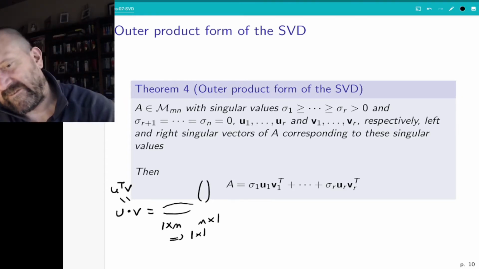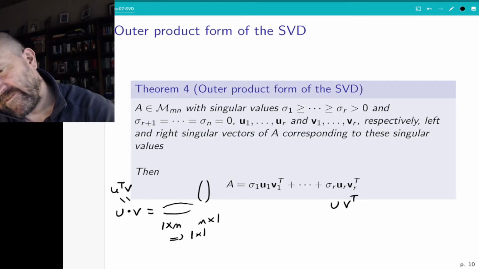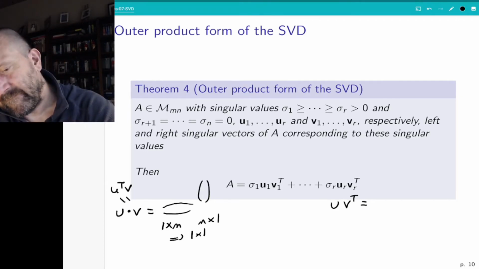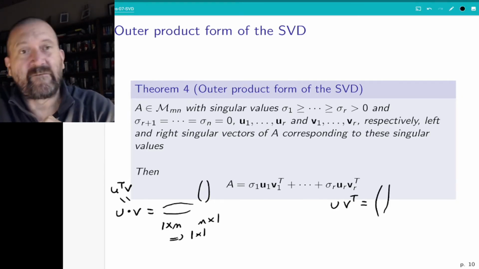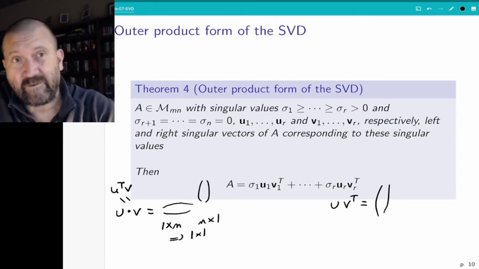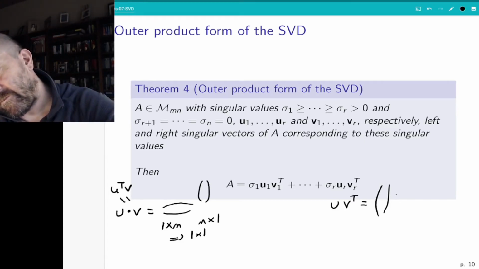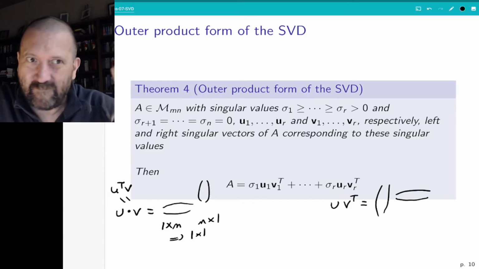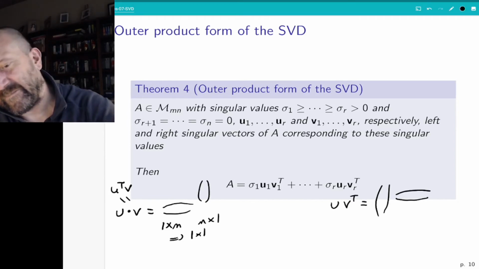Now, what happens if we do as is prescribed in this outer product form? So here we're taking u v transpose. So writing this in vector form, we have a column vector times a row vector. And you can guess what's going to happen, which we can figure out right away by writing the dimensions.